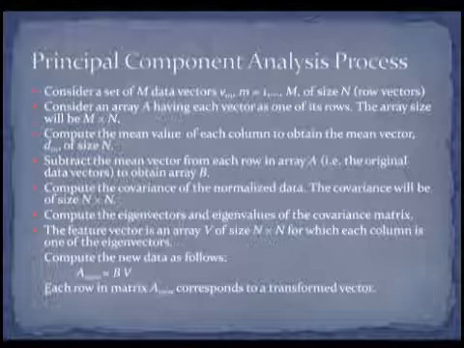To get the new set of data, you use your eigenvector times the original data. When you multiply the original data by the new eigenvector, it reduces the dimensionality, and it makes your new data vary less with each other.